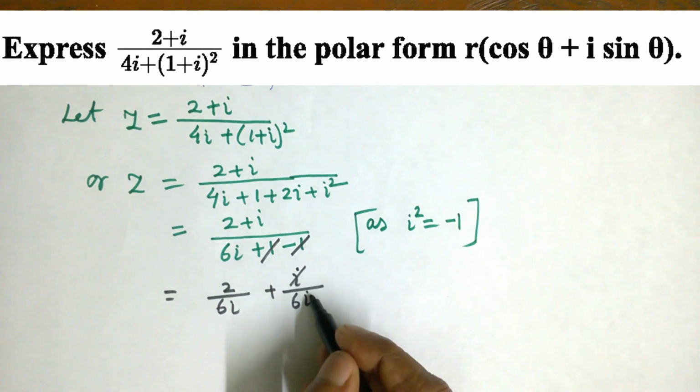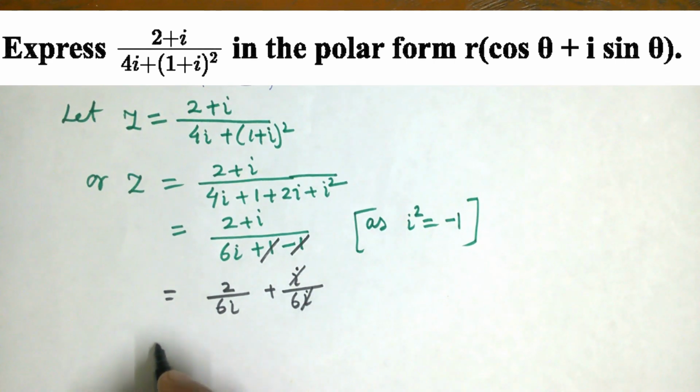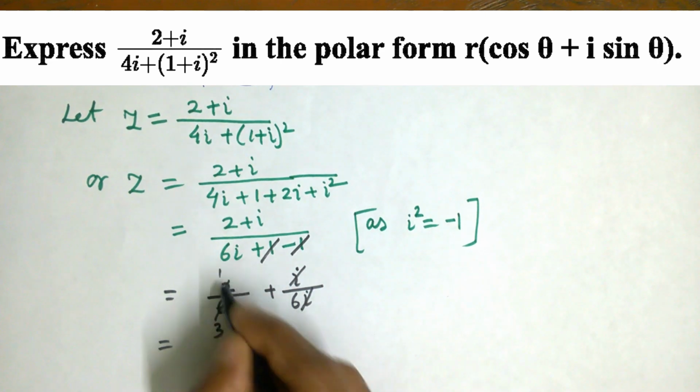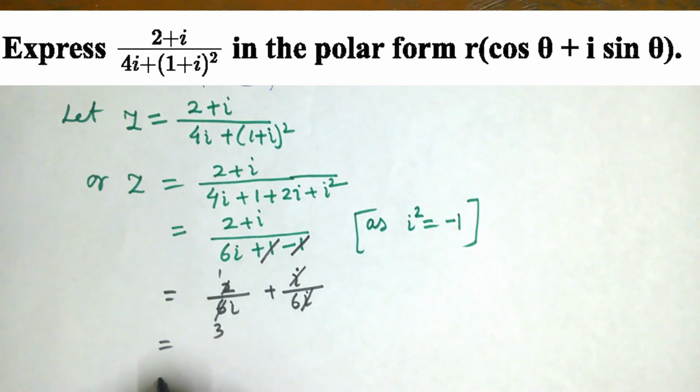Now i will get cancelled in the second part, and 2 by 6 is 1 by 3, so that is equal to 1/(3i) + 1/6.